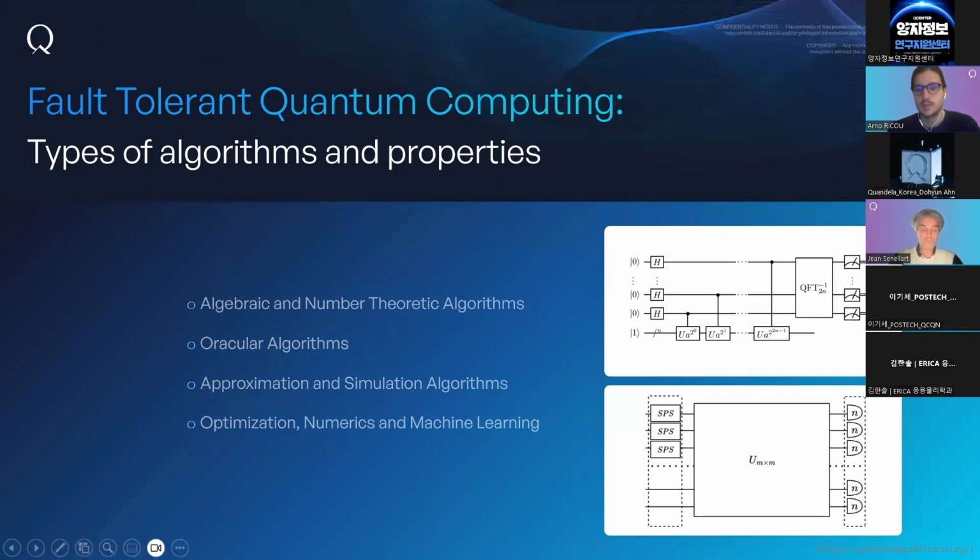You can find many of these algorithms on quantumalgorithmzoo.org. I strongly suggest having a look at this website. It's sort of a review paper of quantum algorithms, but it's updated regularly, and that's why it's a really crucial resource to use as a quantum algorithm designer.